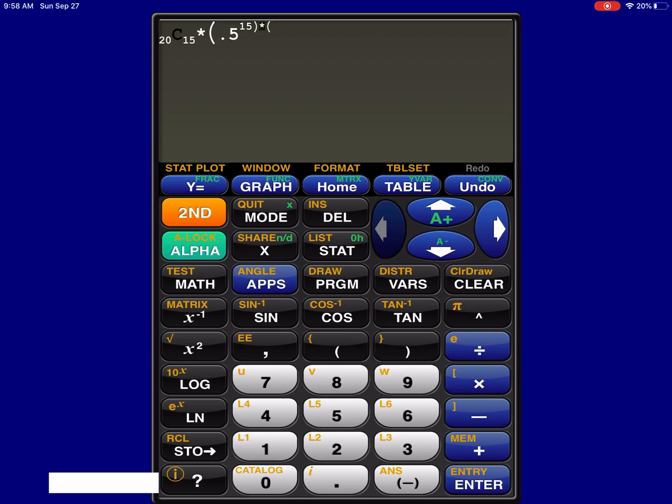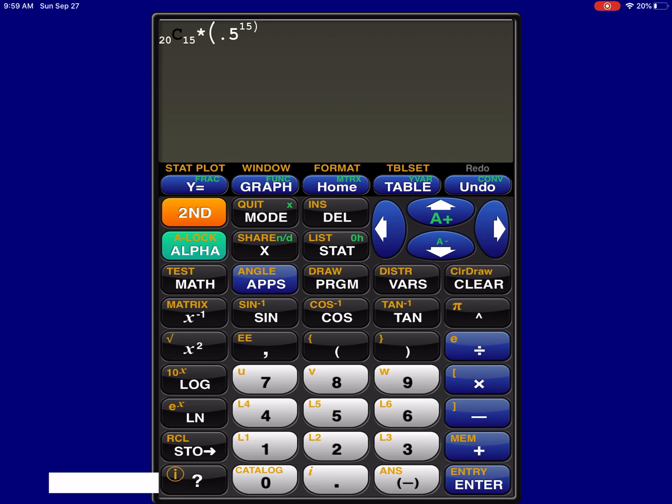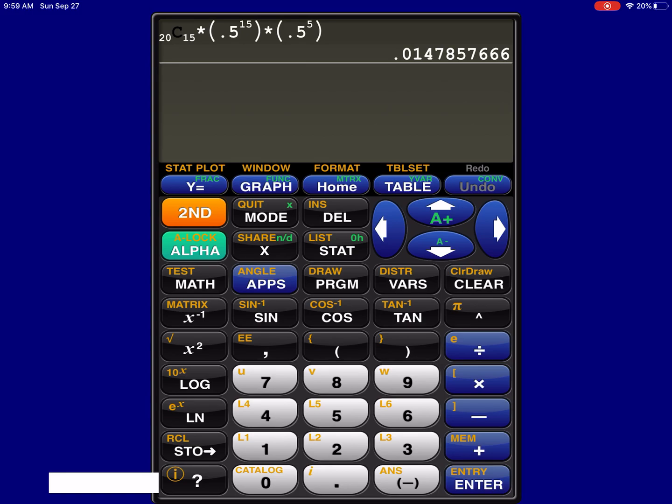Let's slow down a little bit. Let's delete. To 15, so we want to delete that one. Close parenthesis times 0.5, raise it to the 5th power. Okay, so that should give us 0.0148.